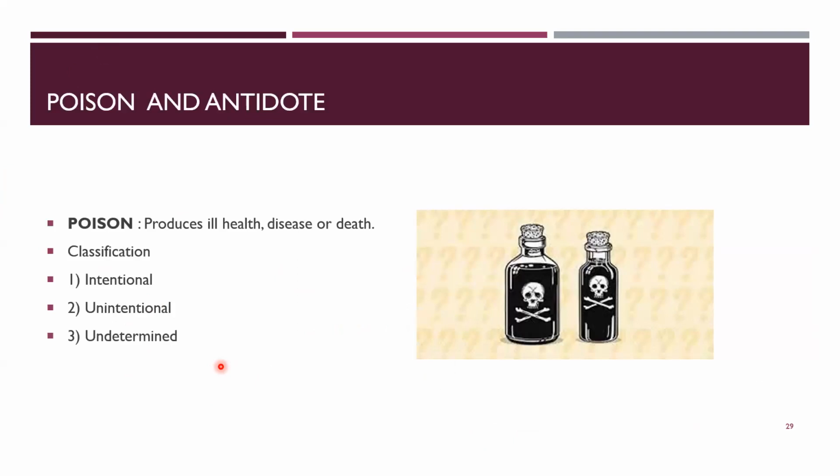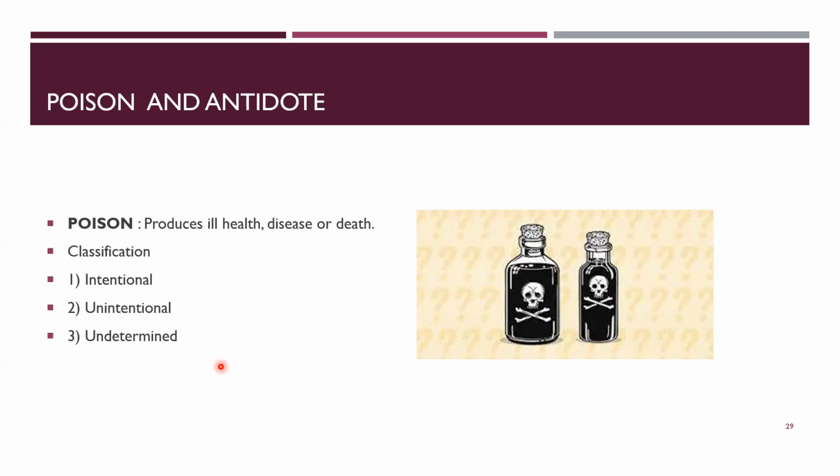The next category is poison and antidote. So what is a poison? Poison is something which produces ill health or a disease or causes death. Classifying poison, it can be divided into three categories: intentional, unintentional, and undetermined. Intentional are the ones which are a suicide type of poison intake.